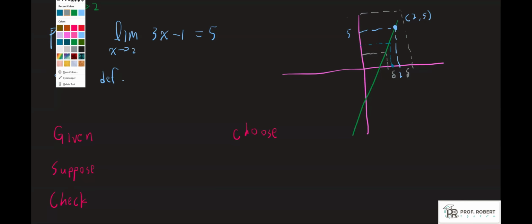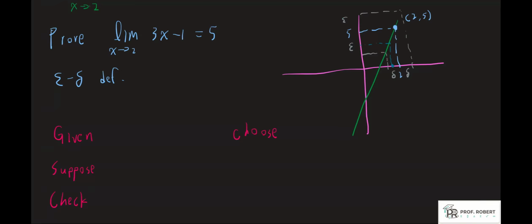And the neighborhood of 5 is called epsilon, the Greek letter epsilon. Okay, so this is the idea of limit. As we shrink the neighborhood of 2, the neighborhood of 5 is going to be smaller. And so when I say the neighborhood of 2, I'm referring to the x value or the distance delta. And then the neighborhood of 5 would be the distance epsilon.